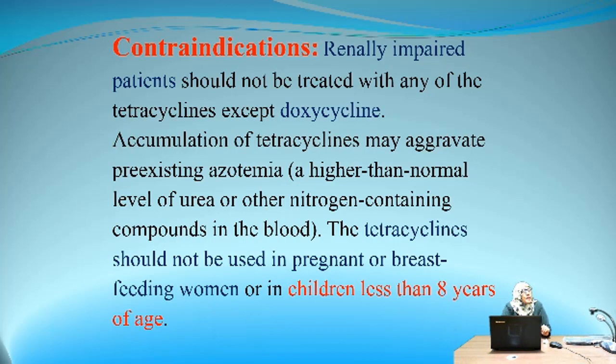The tetracyclines should not be used in pregnant or breastfeeding women or in children less than 8 years of age. So tetracyclines are contraindicated in renally impaired patients, in pregnant women, in breastfeeding women, as well as in children less than 8 years of age.